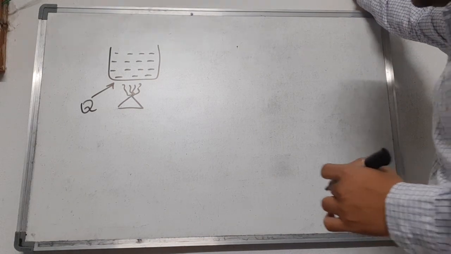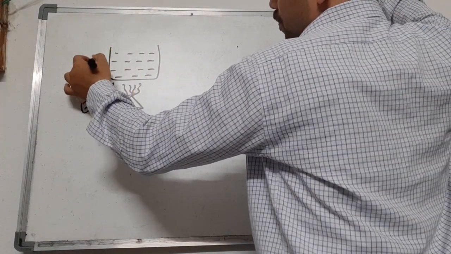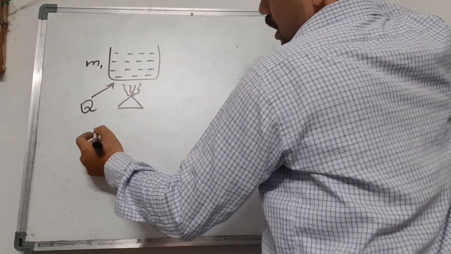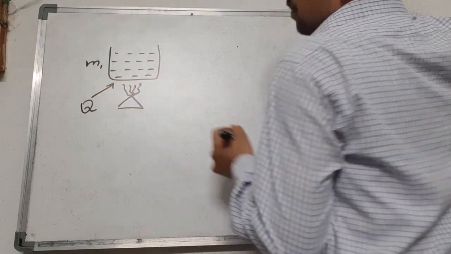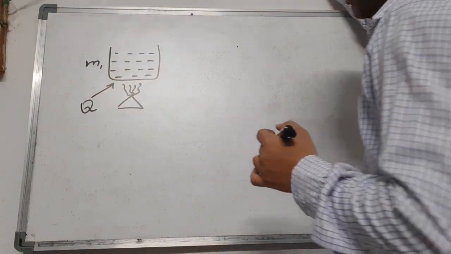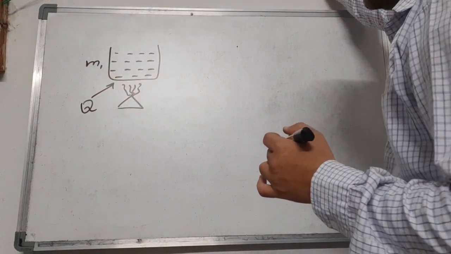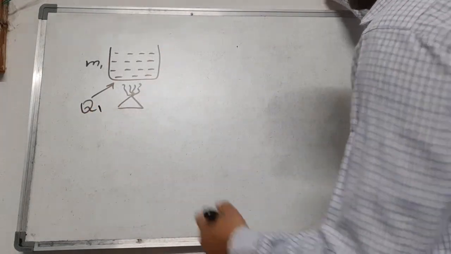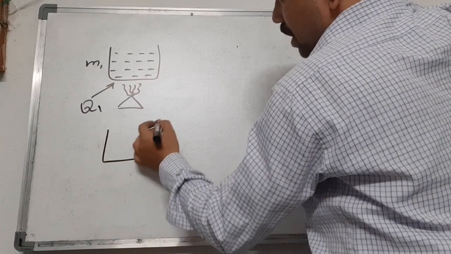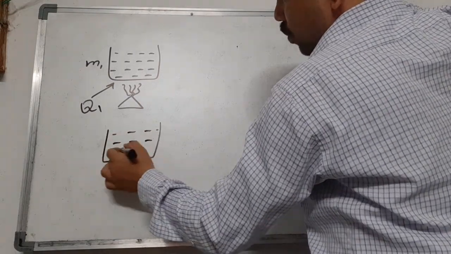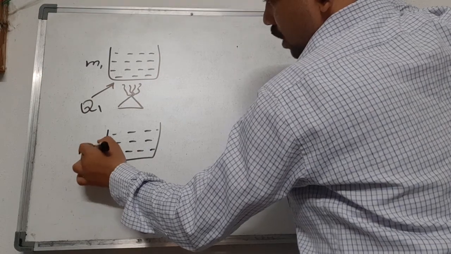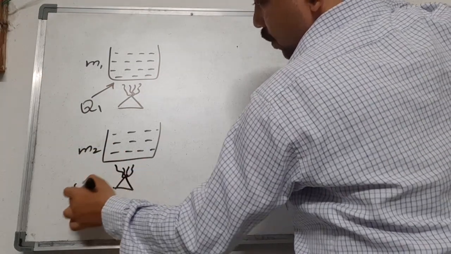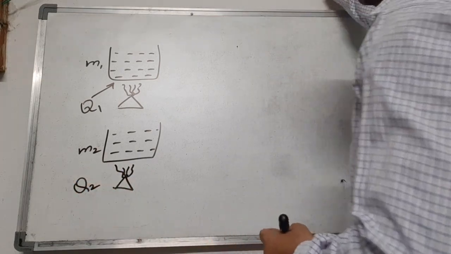Initially the mass is m1, and I supplied some heat energy Q1 for mass m1. Now I am increasing the mass to m2, and I supplied the heat energy Q2 in this case.